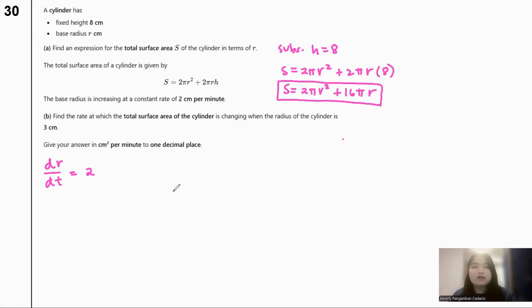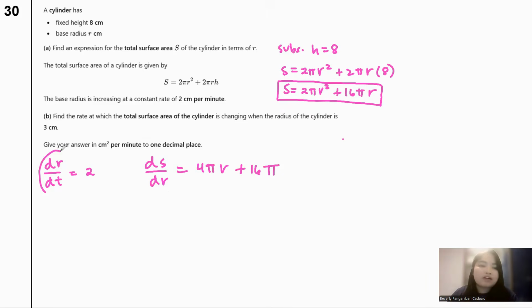Now, the other given that I can get is by deriving this. When I derive this in terms of r, then I can have ds over dr. So let's derive this one. It's very important you're correct here. Derive that, it will become 2 times 2, so that will be 4 pi r only, plus 16 pi, and that's it.